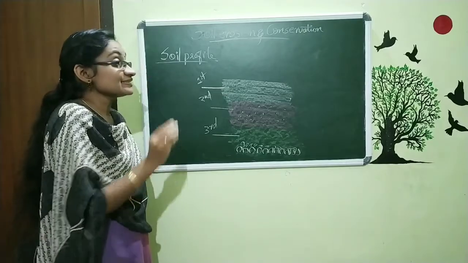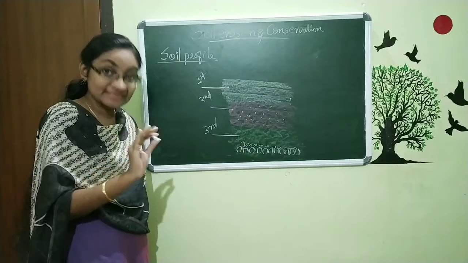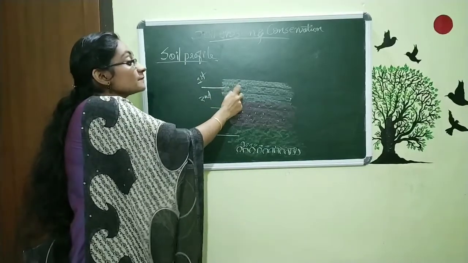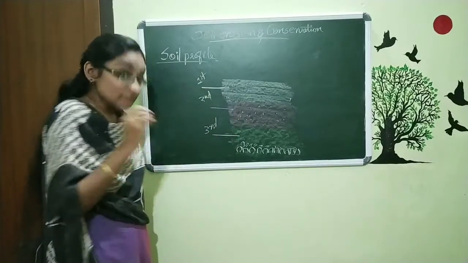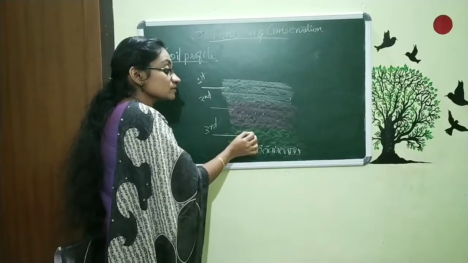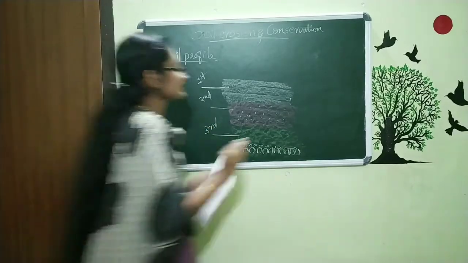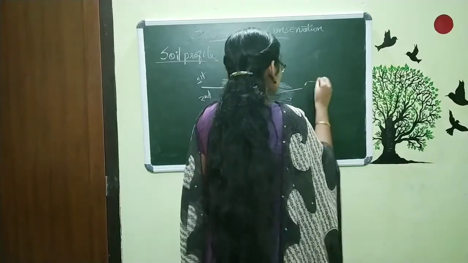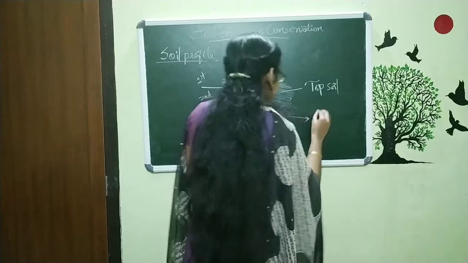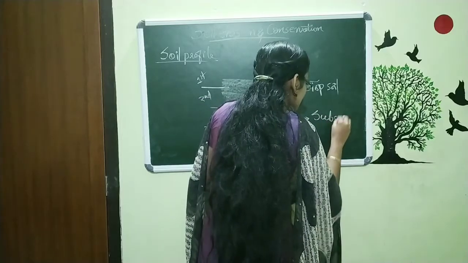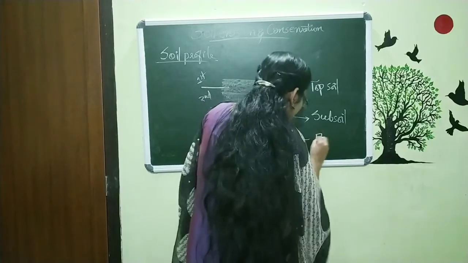All these layers have different types of particles, and the size of the particle is different in each layer. So I am going to give three different names for these layers. For the first layer, the name is topsoil. The second layer is subsoil, and the third layer is bedrock.